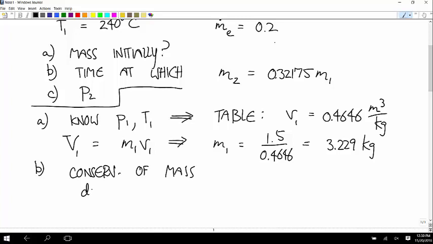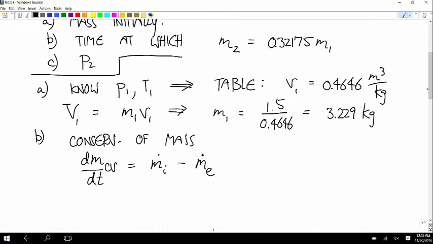And that says that the rate of change of mass inside the control volume is equal to the mass in dot minus the mass out dot. The only thing that's happening in this problem is that mass is leaking out. So this is 0. And so dm/dt for the control volume is just equal to negative 0.2.